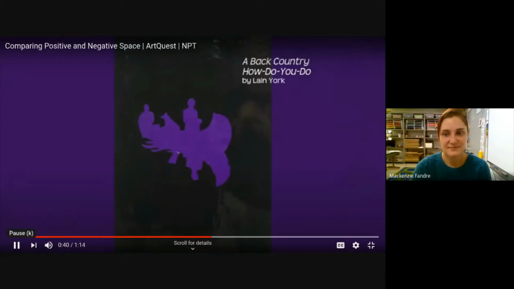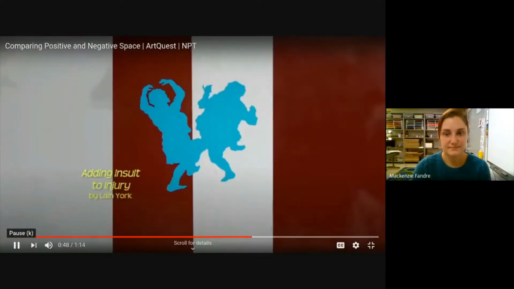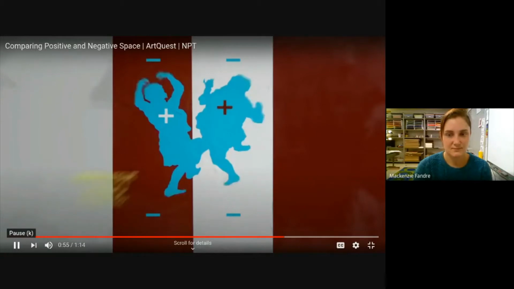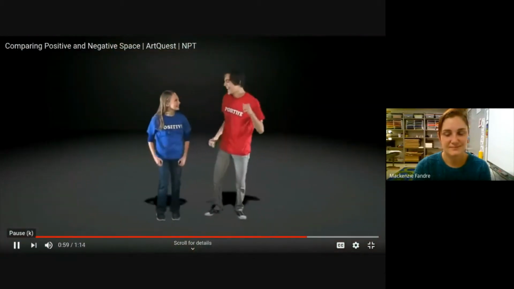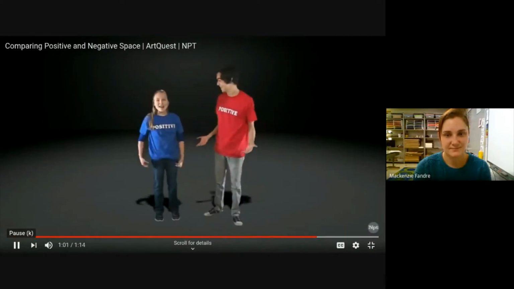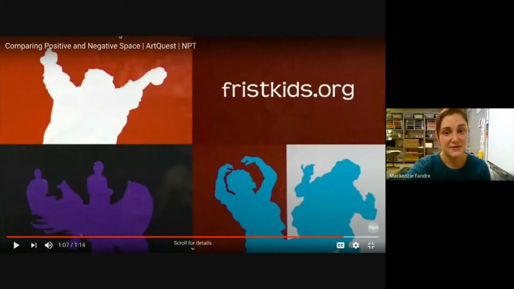How do you do? The positive space is the two people with the dog in the canoe along with their reflection. And everything in black is the negative space. And then adding insult to injury, here's all the negative space. And the dancing couple make up the positive space. I think we got it now, don't you? I'm positive. And now you know that art is all around you. To share the art. Really true.